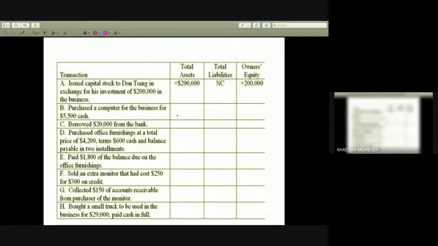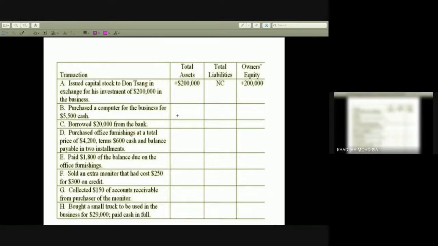Yeah, because you purchase a computer, so your computer increases, it is an asset, but at the same time, your cash is also an asset, decreases by 5,500. So you have an increase in asset of 5,500. You also have a decrease in cash, which is also an asset, by 5,500.